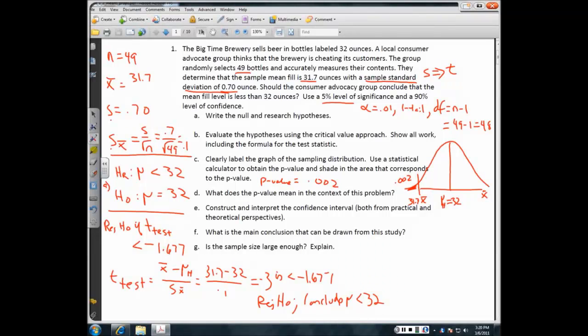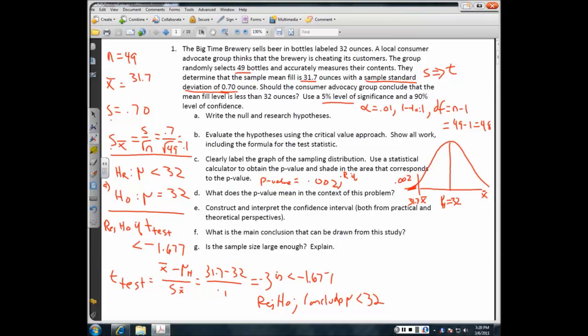Remember, we're going to reject H0 if the p-value is less than 0.05. 0.002 is less than 0.05, so you reject H0. Conclude that the population mean is less than 32.